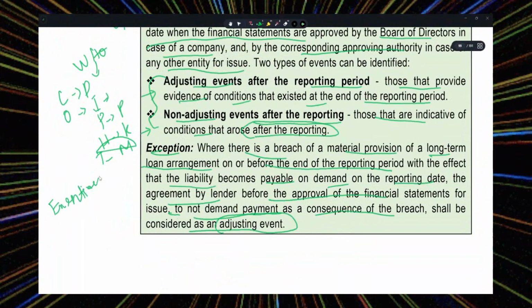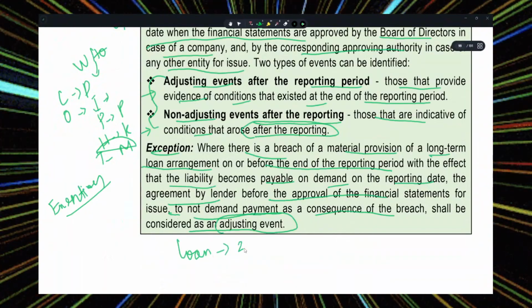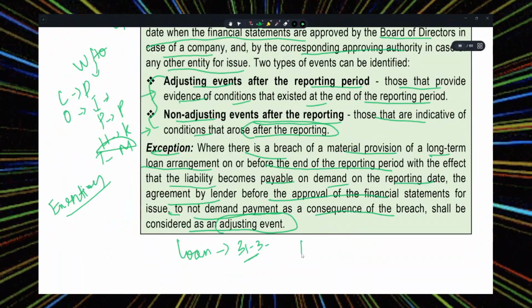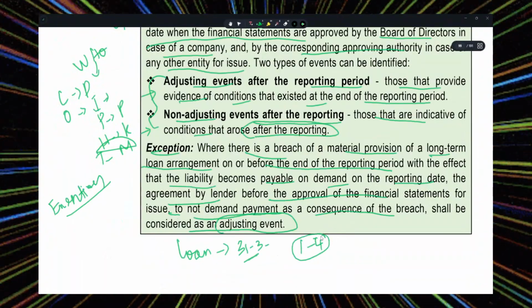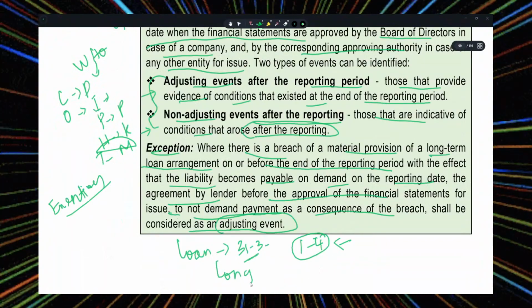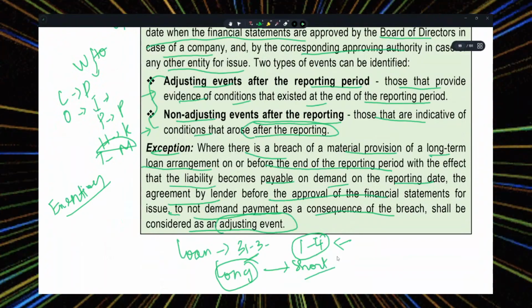In the case of a loan, on 31st March it is not repayable, but on 1st April the company is repaying it. It's a long-term loan. Do I need to convert it to short-term? This is a question, and the exemption is given in this case.